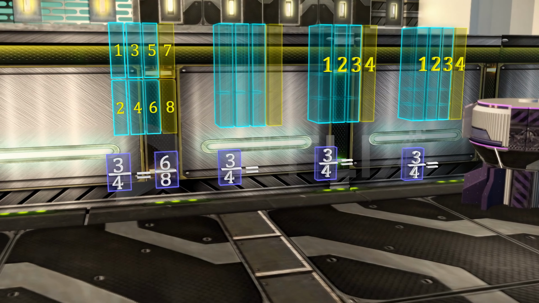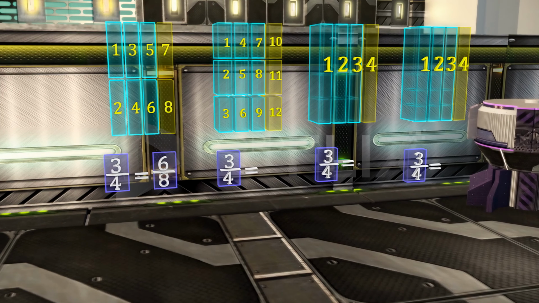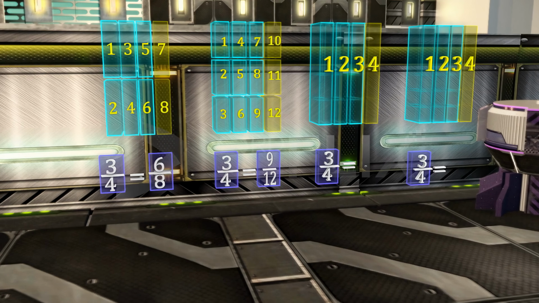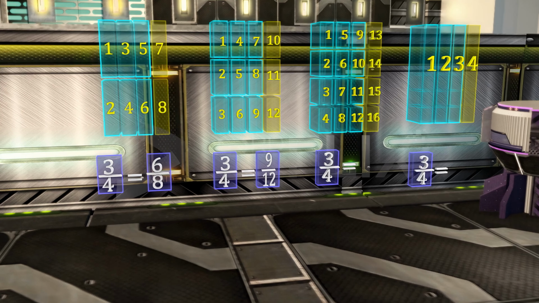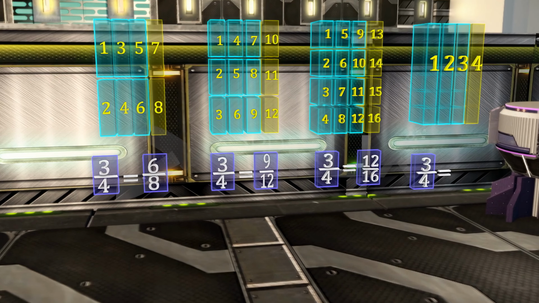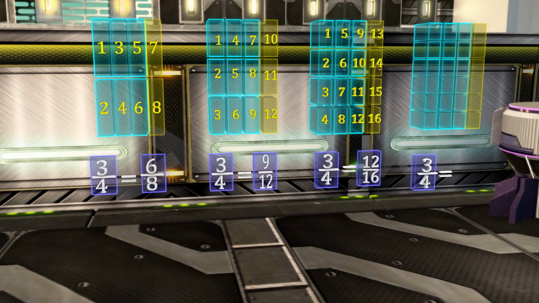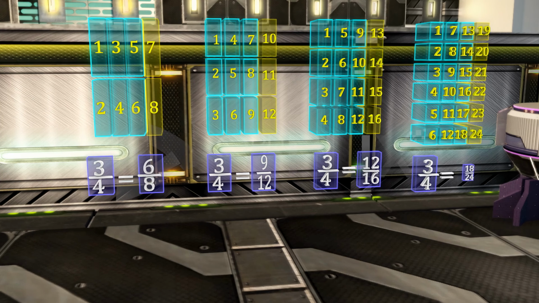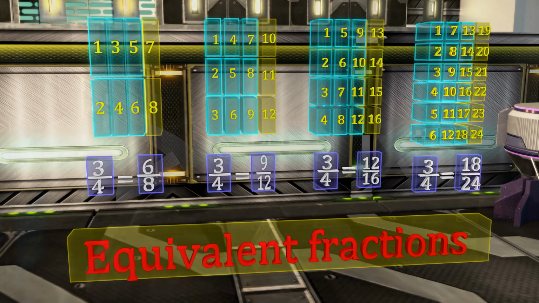By 2 horizontal cuts, the same fraction represents 9 by 12. By 3 horizontal cuts, the same fraction represents 12 by 16. By 5 horizontal cuts, the same fraction represents 18 by 24, and so on.